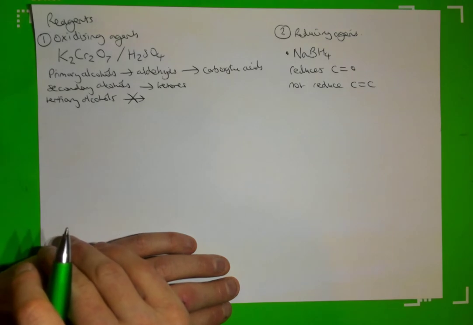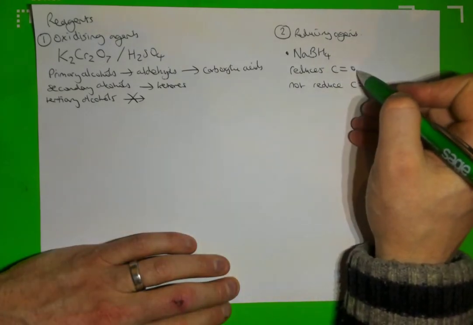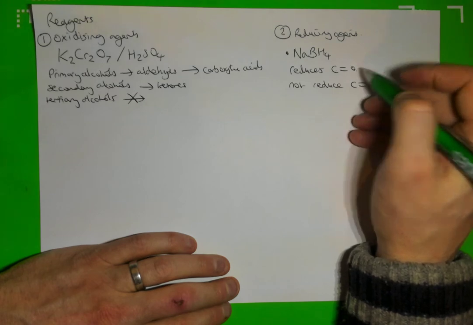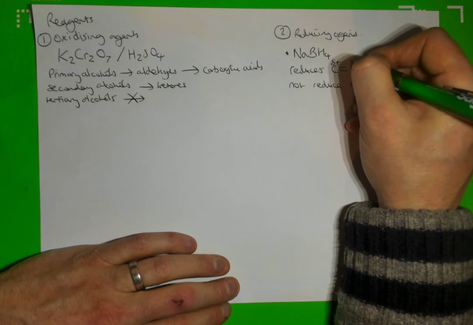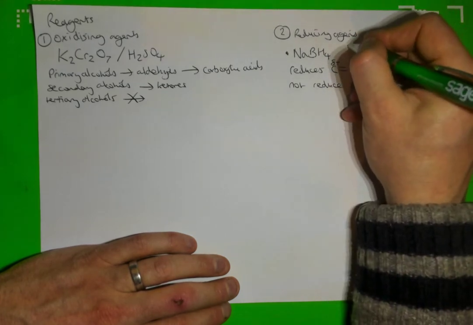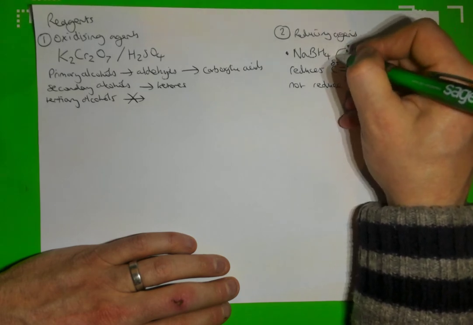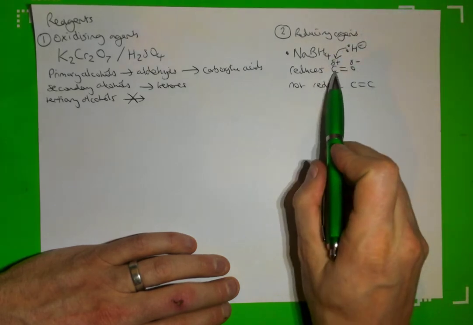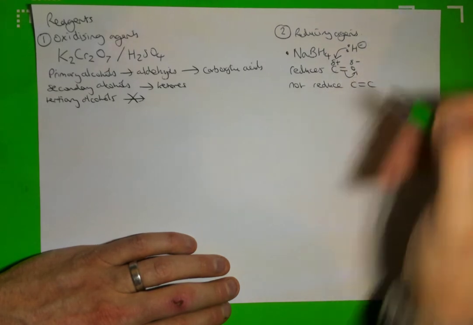And the reason why it will reduce this C=O here is because this bond here is polar. So this is delta positive and that is delta negative. So the lone pair on the hydride ion is attracted to that positive carbon there. Get that curly arrow there, don't we?